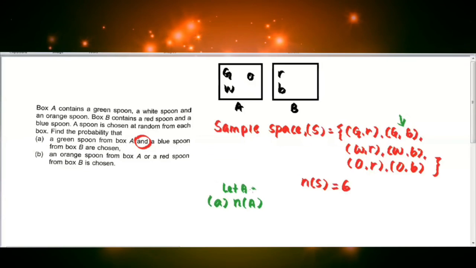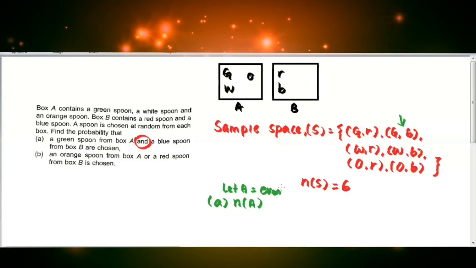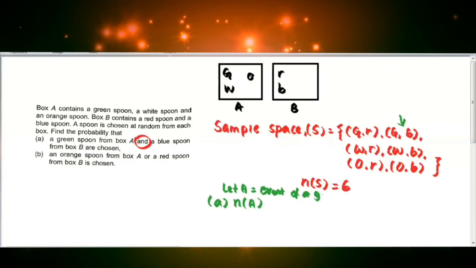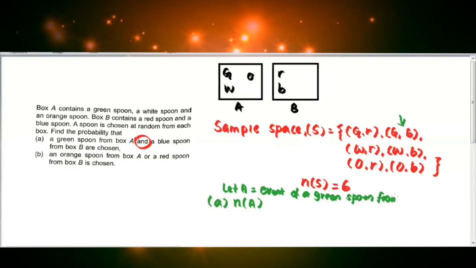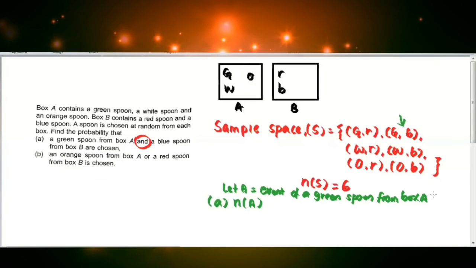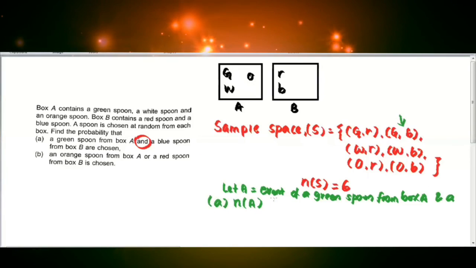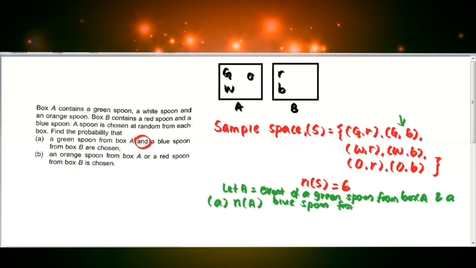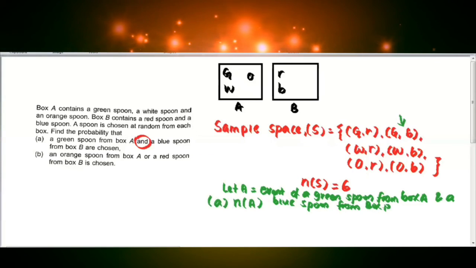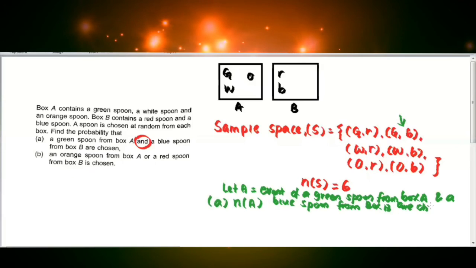Let's say A. Remember to state what A is: the event of a green spoon from box A and a blue spoon from box B are chosen.